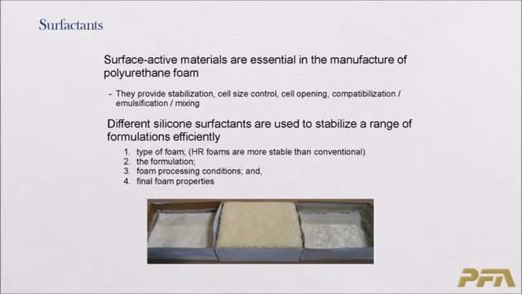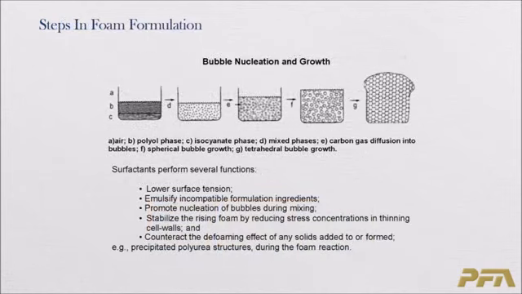If you look at the steps in foam formation, you have your air interface with the polyol, and the isocyanate, being the heaviest, is on the bottom. As you start to mix them and they start to react, you're generating gas bubbles, and then the gas bubbles coalesce, and that liquid is turning into a semi-solid and then a solid polymer.